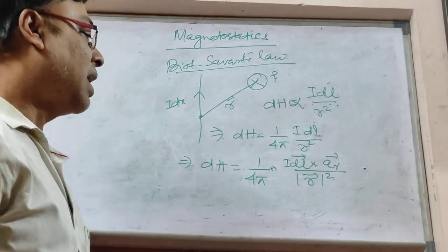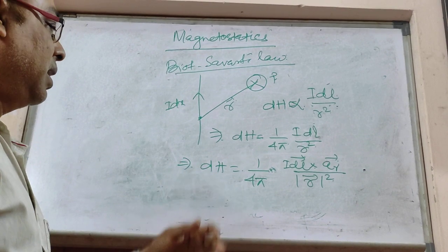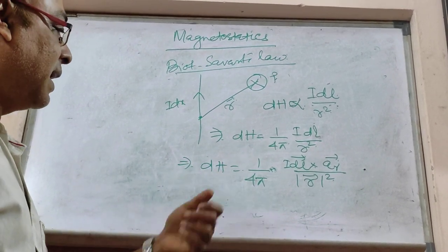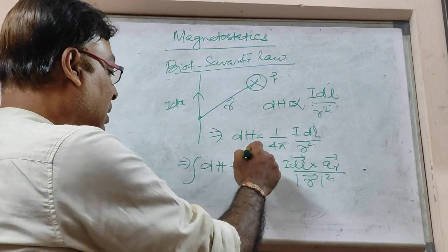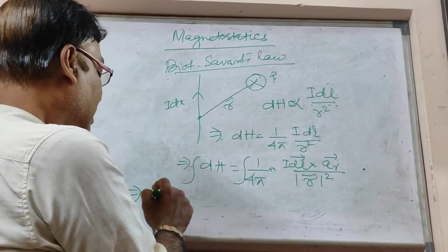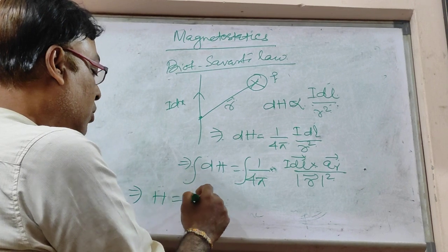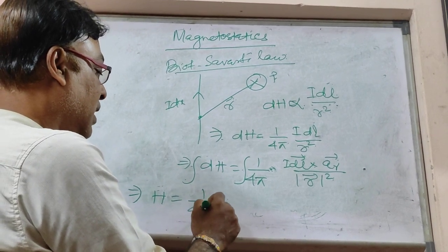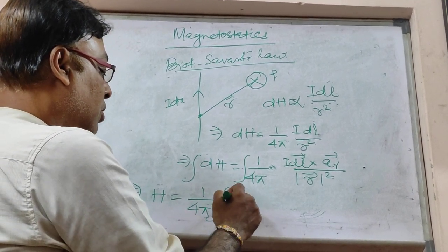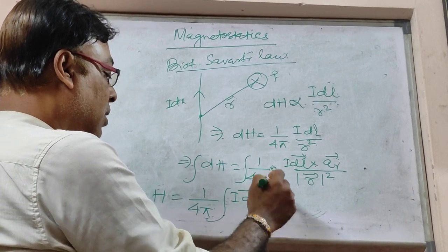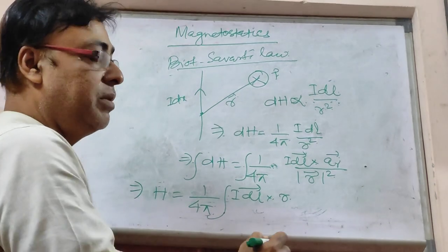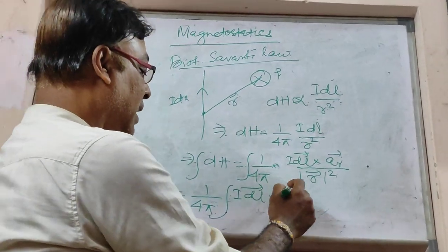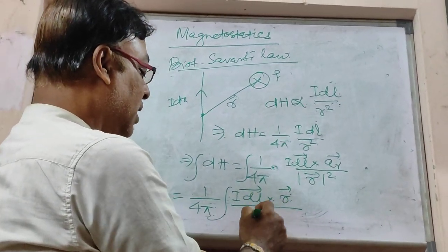This is the vector form. If we want to find the magnetic field strength, we have to take the integration. So integrating, we get H is equal to 1 by 4 pi, as it is constant it can be taken out, integral of Idl cross aR, where aR is the unit vector in the R direction, which we can write as R vector by R magnitude.